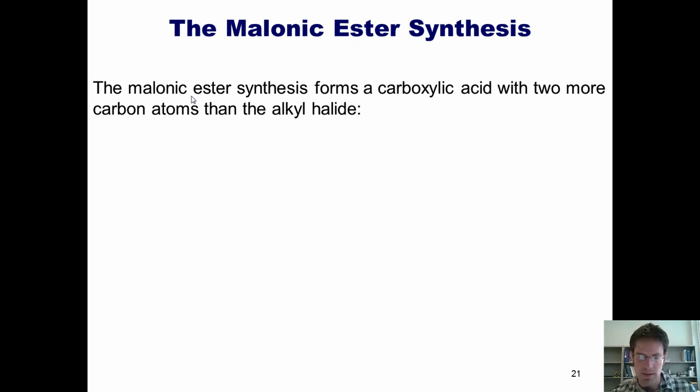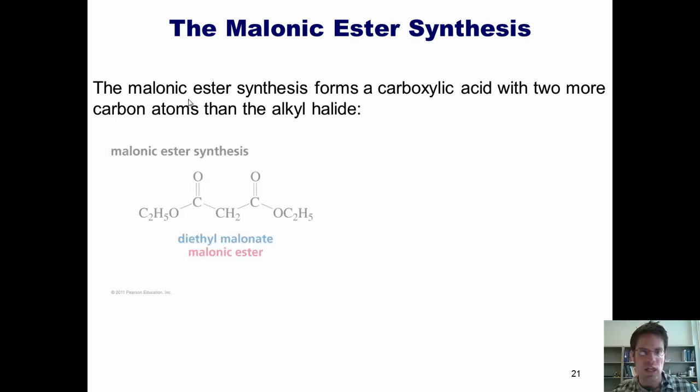Related chemistry can also be applied to starting materials that look like this. A malonic ester.